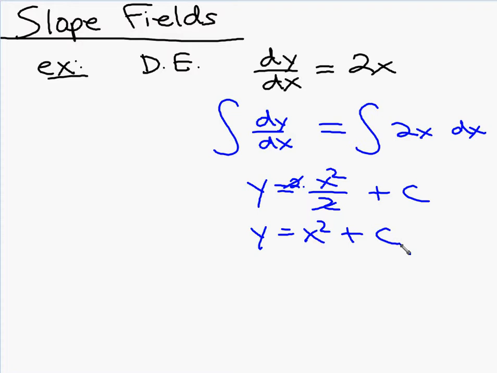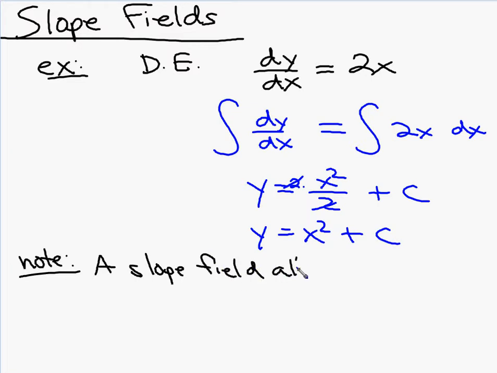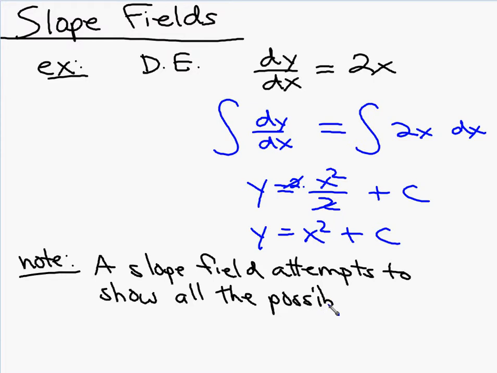What does a slope field show? A slope field, and we'll just write this in the form of a note. A slope field attempts to show all the possible solutions to the differential equation.